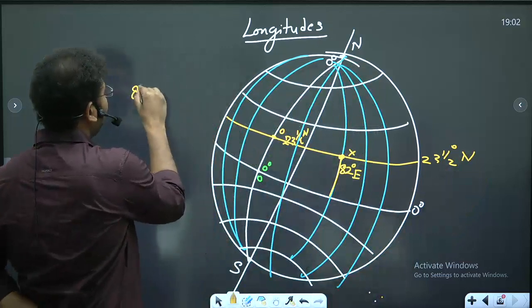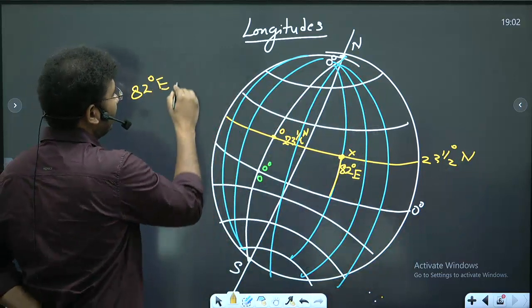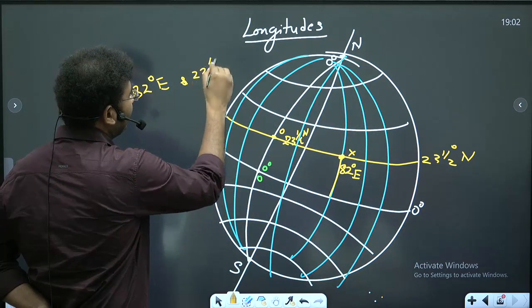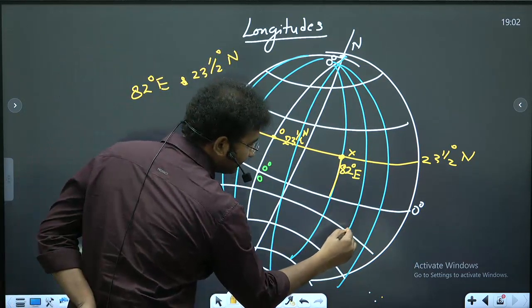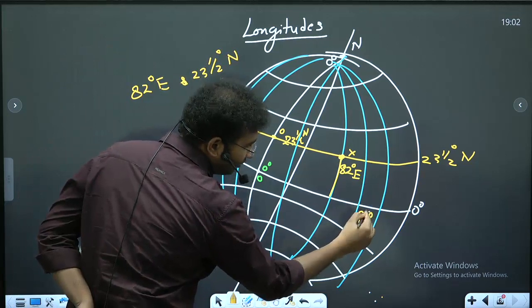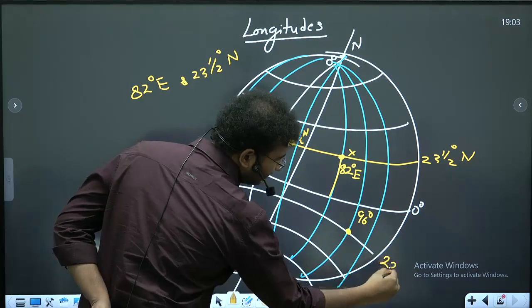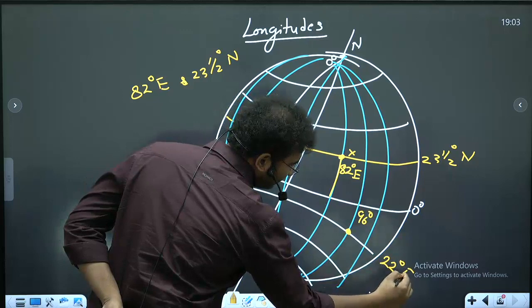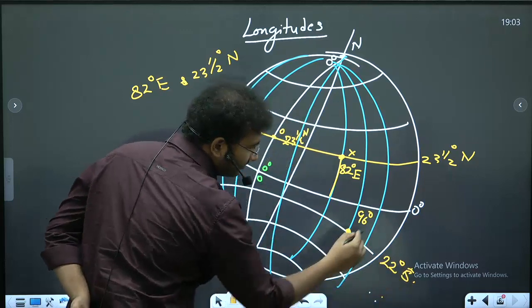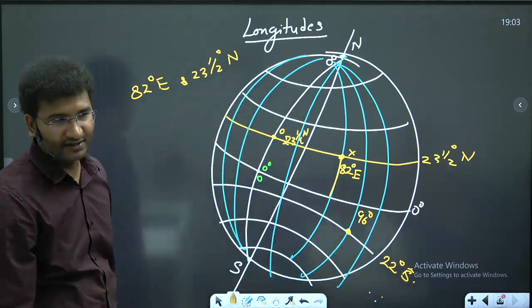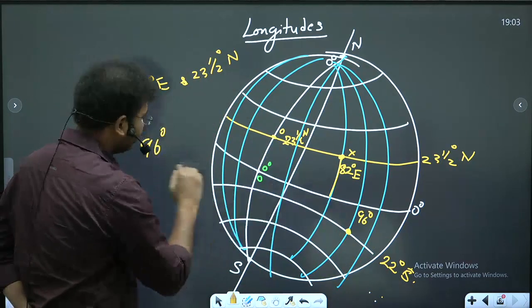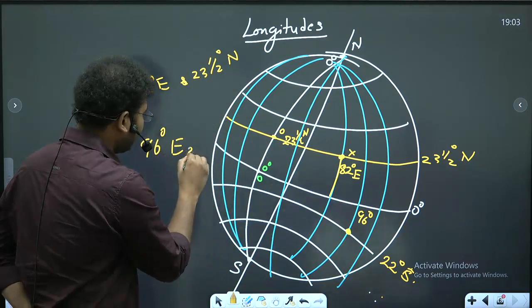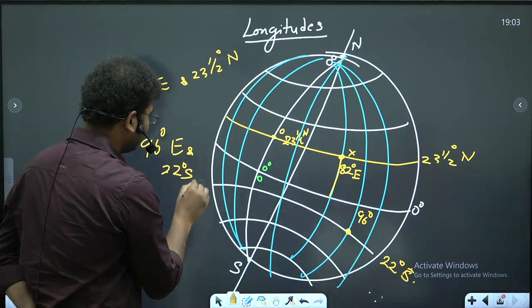IAS hub is 82 degrees east and 23.5 degrees north. If suppose I'll take this place, this is 96 degrees longitude and this is 22 degrees latitude, south. Okay? What are the coordinates here? The coordinates are 96 degrees east and 22 degrees south.